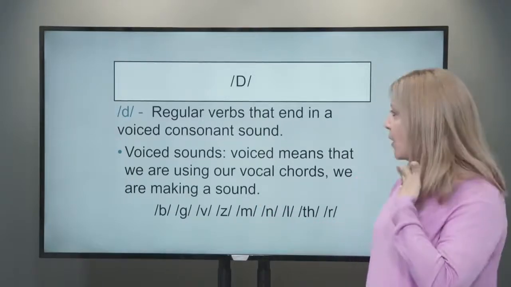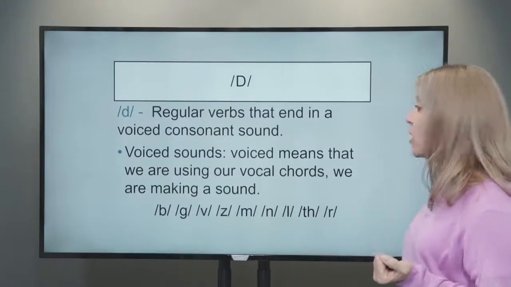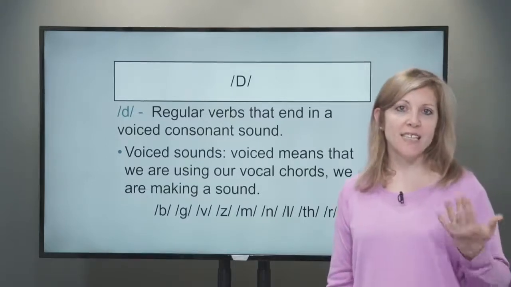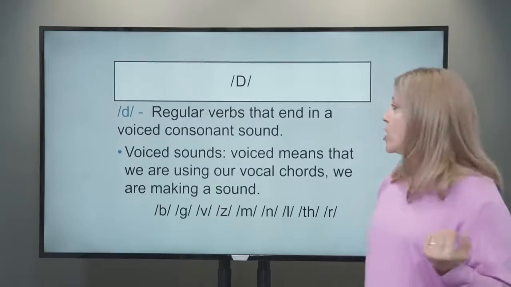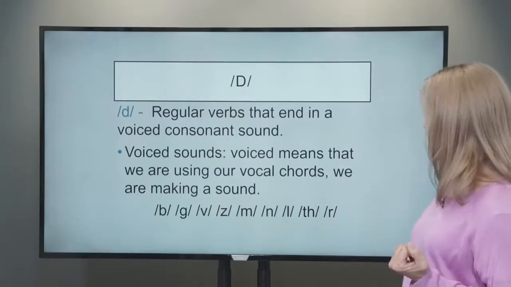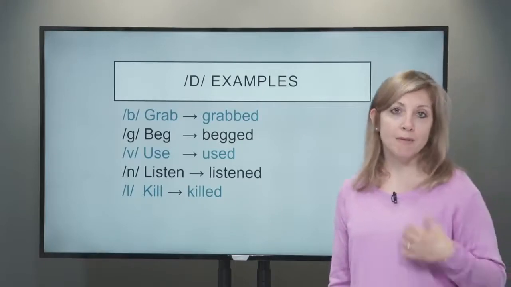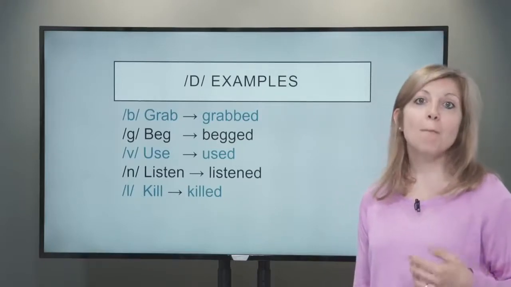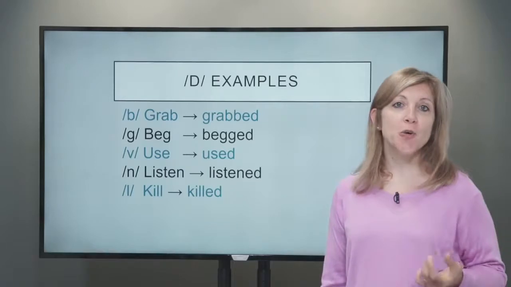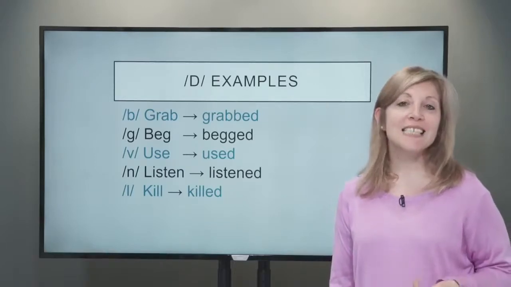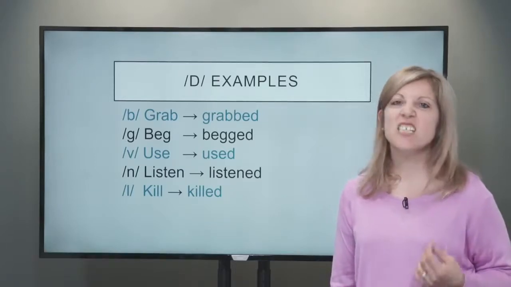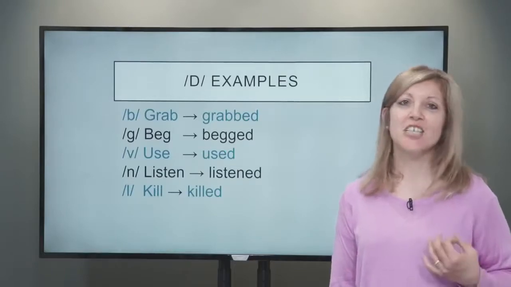Or we've got the Z, it's definitely a voiced sound, right? So let's look at some examples. Grab, grabbed, beg, begged, use, used, listen, listened. You see, it's a D, it's not a T, and it's not an ID.